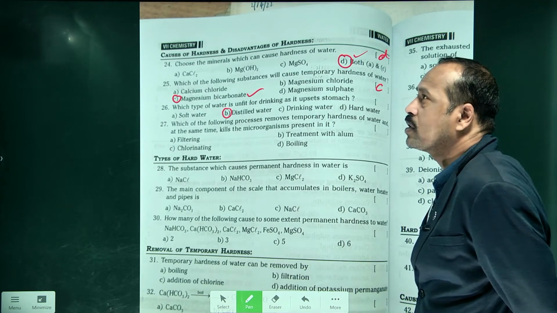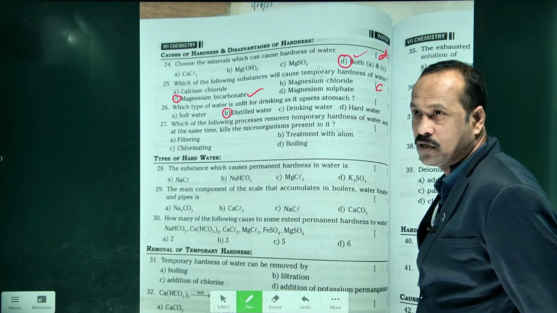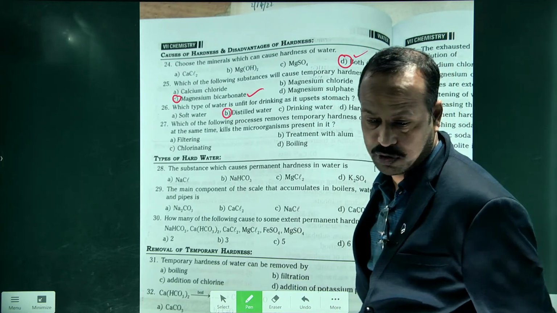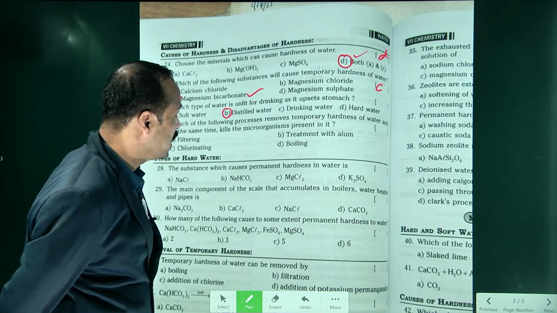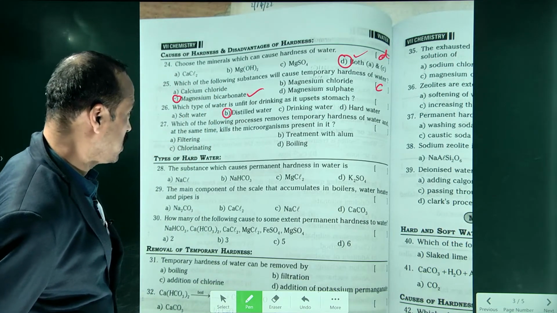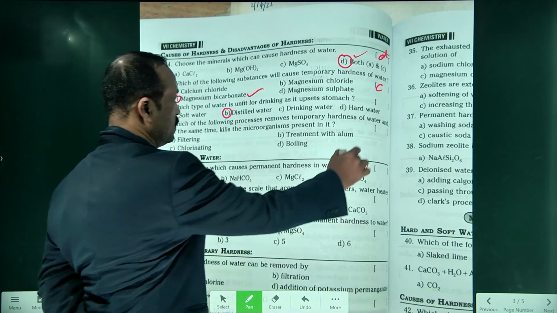So distilled water, pure water, we cannot use directly, okay? So that is also a problem. Hard water we can still drink, but distilled water not. So the answer should be B, I think, okay?